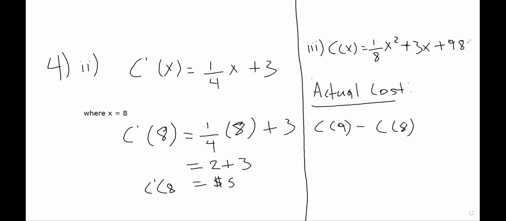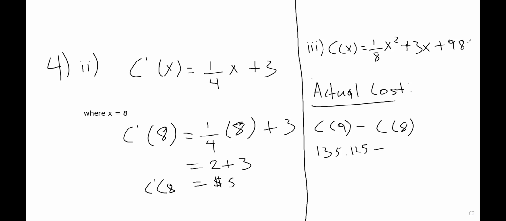So it's 1/8 multiplied by 9 squared plus 3 multiplied by 9 plus 98, right? So we're going to have C of 9 equal to 135.125, minus C of 8.